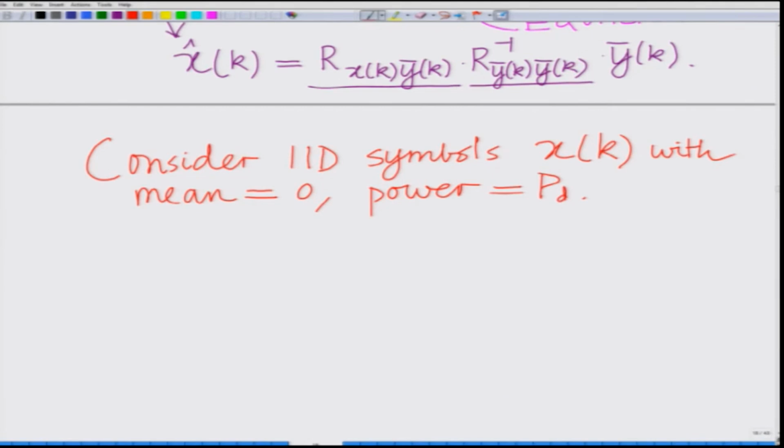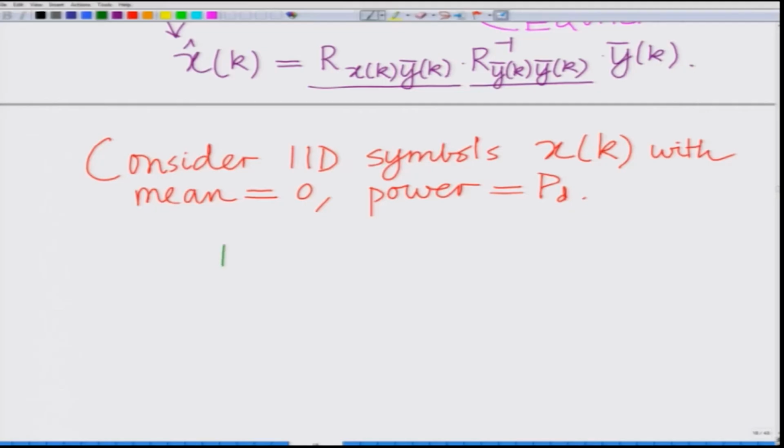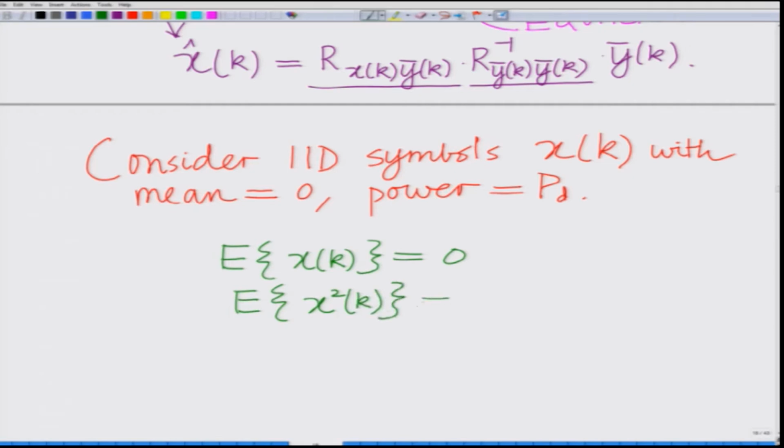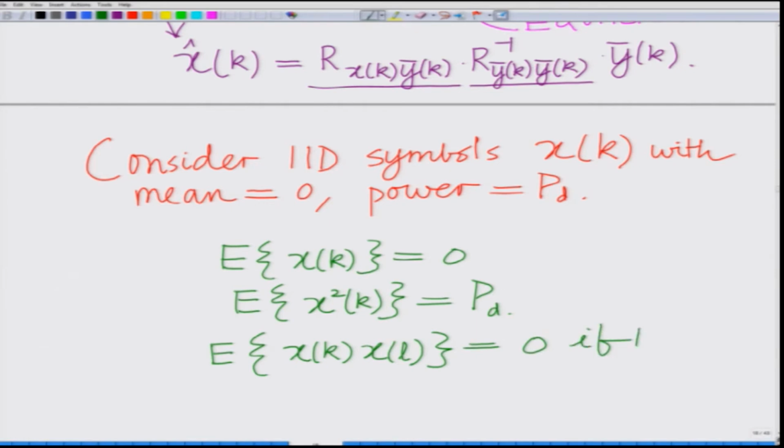We are considering the transmitted symbols x_k to be IID, that is independent identically distributed, with mean 0 and power P_D. This means, again straightforward, the expected value of each symbol x_k equals 0, the expected value of x_k squared, which is the power, equals P_D, and since the symbols are independent, the expected value of x_k times x_l equals 0 if k is not equal to l.